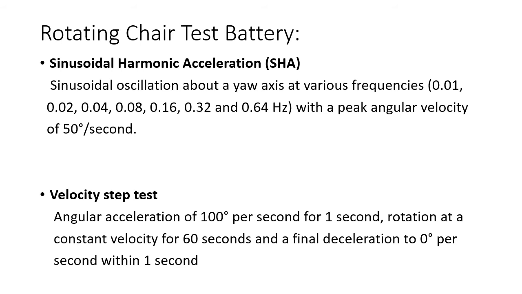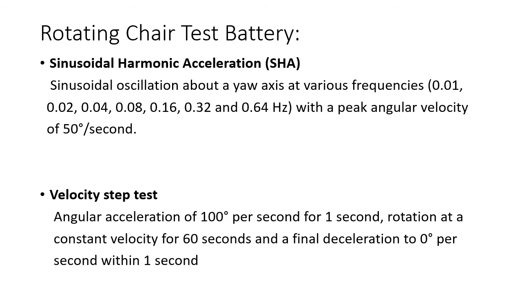Usually we use 0.01, 0.02, 0.04, 0.08, 0.16, 0.32 and also 0.64 Hz with a peak angular velocity of 50 degrees per second.